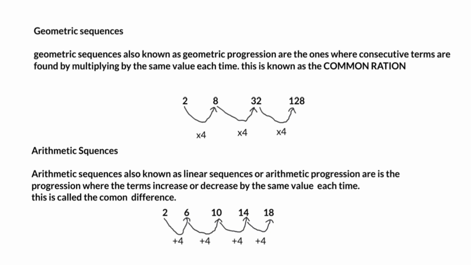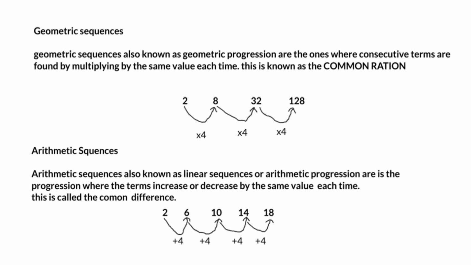You multiply the previous number by 4 to get the next number. The first number is 2. When you multiply 2 by 4, you get 8. When you multiply 8 by 4, you get 32. When you multiply 32 by 4, you get 128. So that's the thing with geometric sequence. There's always a common ratio between the numbers.